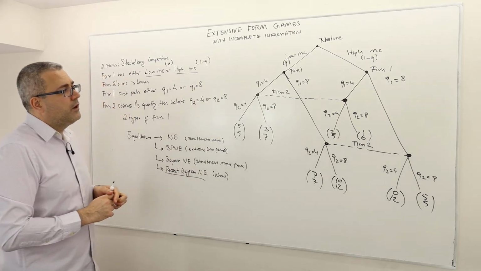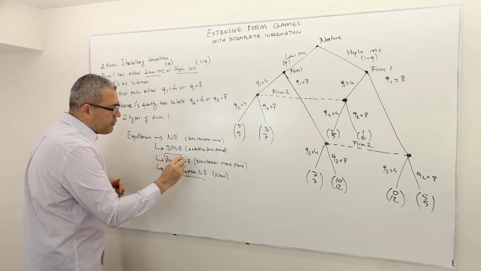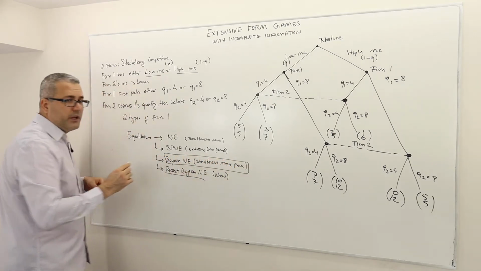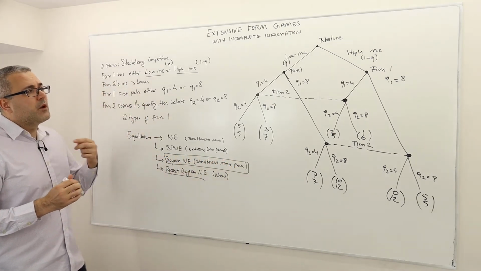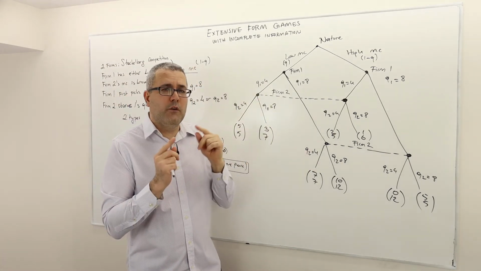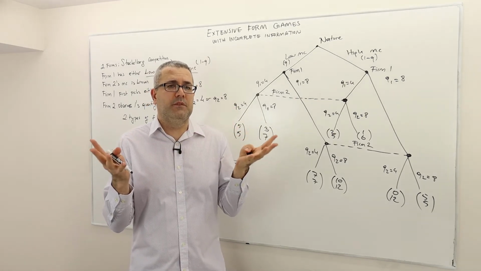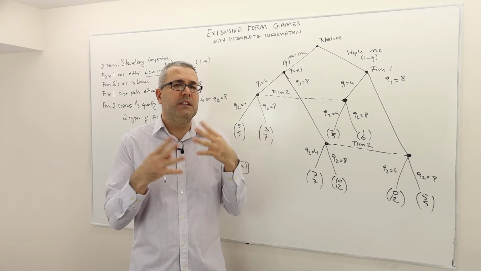Start with firm 1. Firm 1, remember our approach in Bayesian-Nash equilibrium or in Bayesian games. Here, we have two players, firm 1 and firm 2. However, one of those players, firm 1, has two potentially different types. And so they may behave differently.